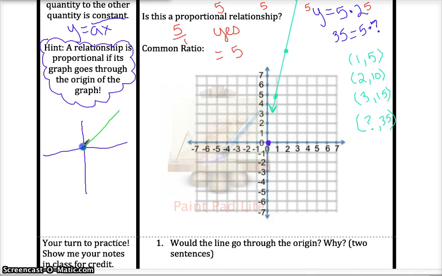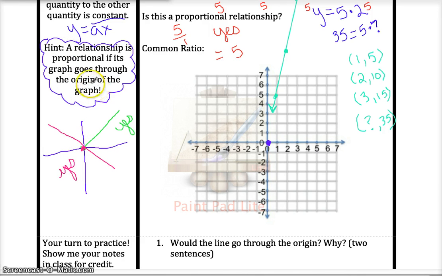Yes, because it goes through the origin, so we can say for sure that this line is proportional. What about a line like this? Let me change my color. What if it was a line like this? Well, yes, it still goes right through the origin, so even the pink line is proportional because it passes through the origin.